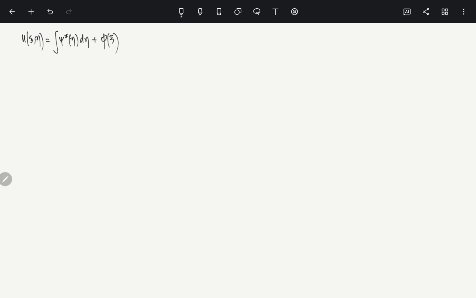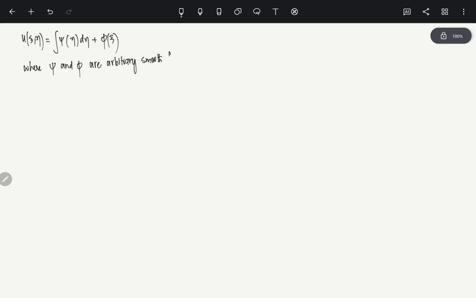Here these functions phi and psi are arbitrarily smooth functions. Smooth function is at least continuously differentiable.